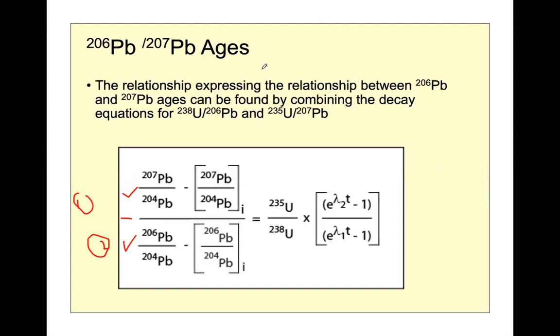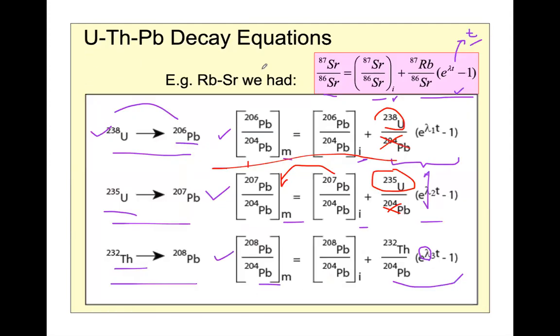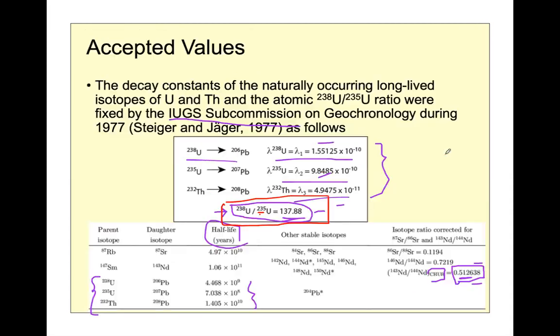Measured equals initial plus radiogenic product. Now what I am asking is measured minus initial. Measured minus initial means this has been taken to this side, which is equal to the radiogenic product, the radiogenic amount.